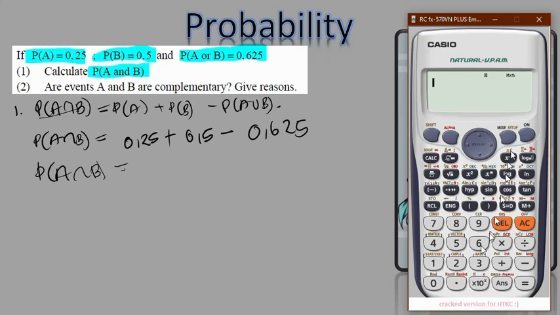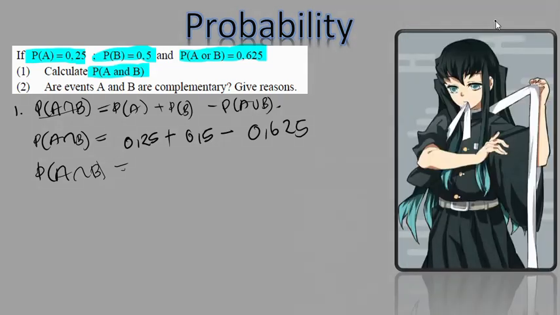Let's do this. 0.25 plus 0.5 minus 0.625, that is 0.125. Hope I didn't make a mistake there. Yeah, I didn't. 0.125. Let's write it down.